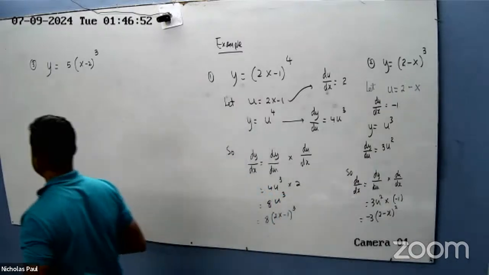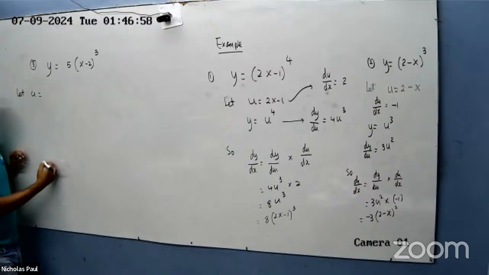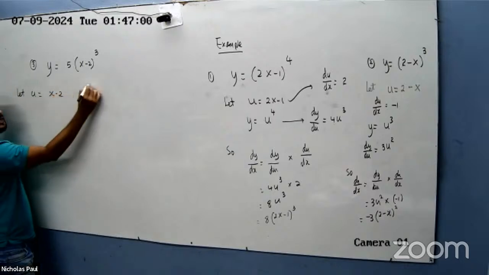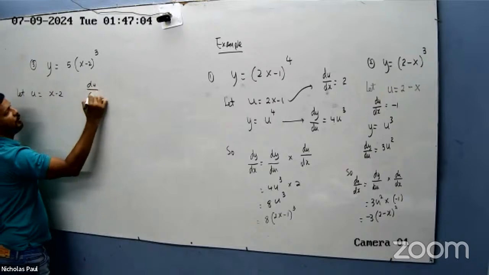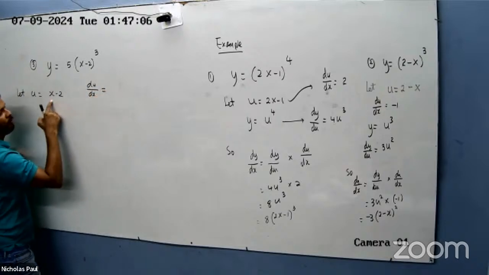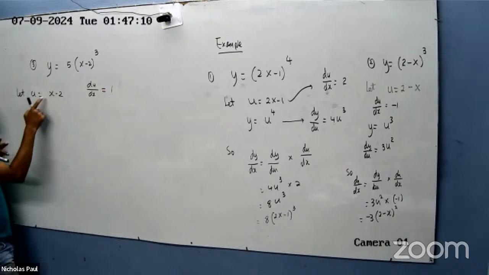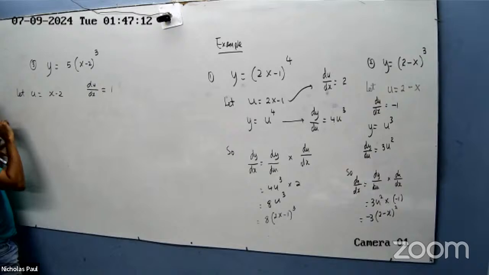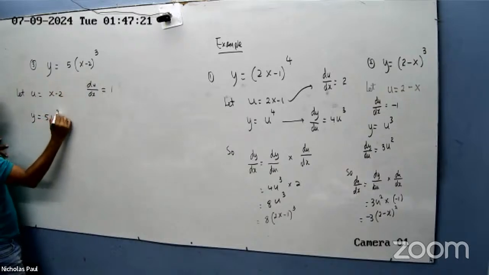Right? So what do you let u equal to? You let u equal to x minus 2. So we can immediately find du/dx. du/dx is 1. The differential of x minus 2 is 1. y is equal to, we replace this with u, y is 5u cubed.